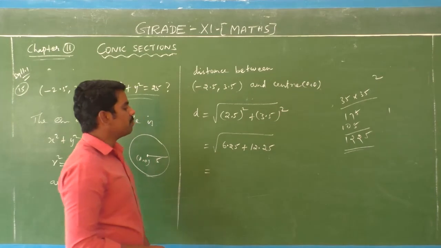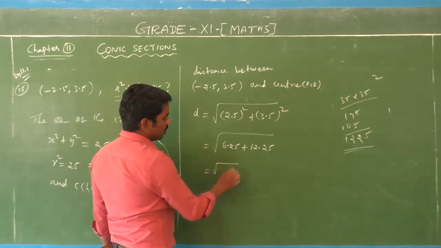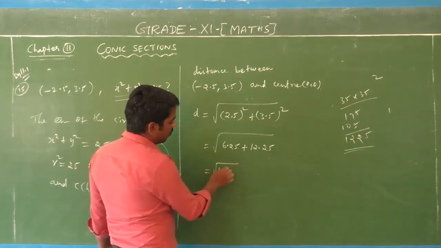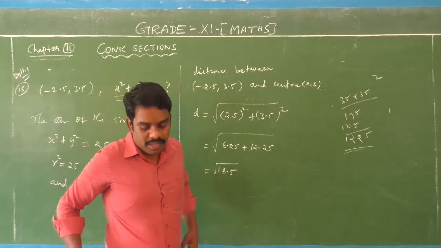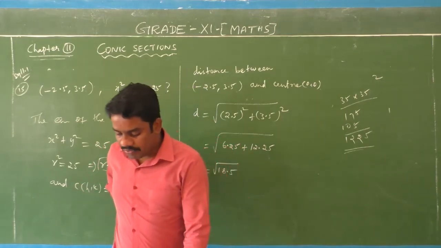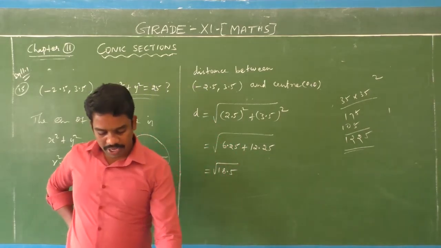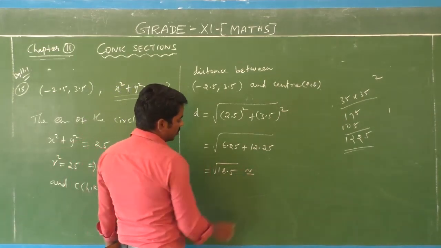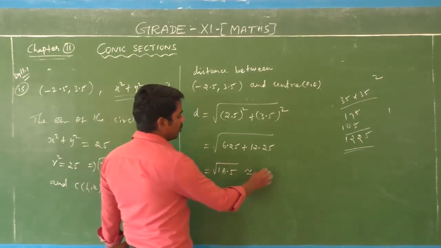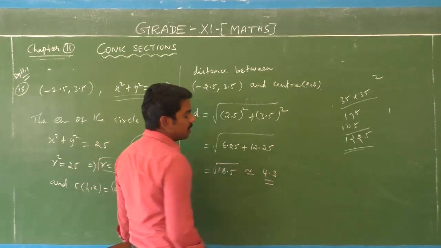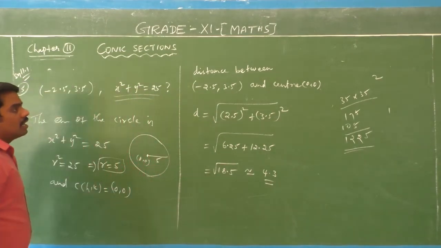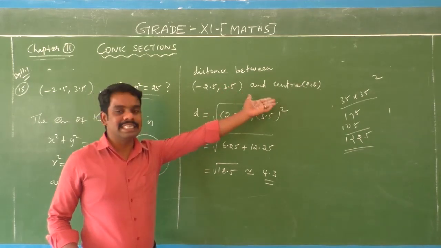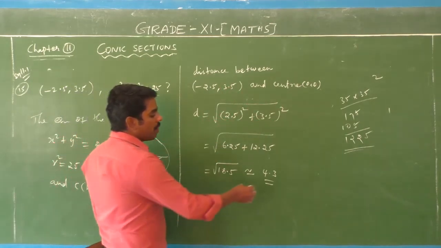So 6.25 plus 12.25 is 18.5. So the distance is square root of 18.5, which is approximately equal to 4.3 units. Here, the distance between the point (minus 2.5, 3.5) and the center is 4.3.